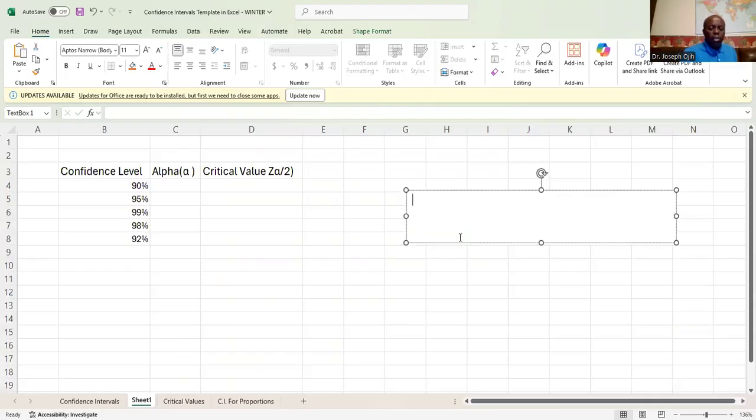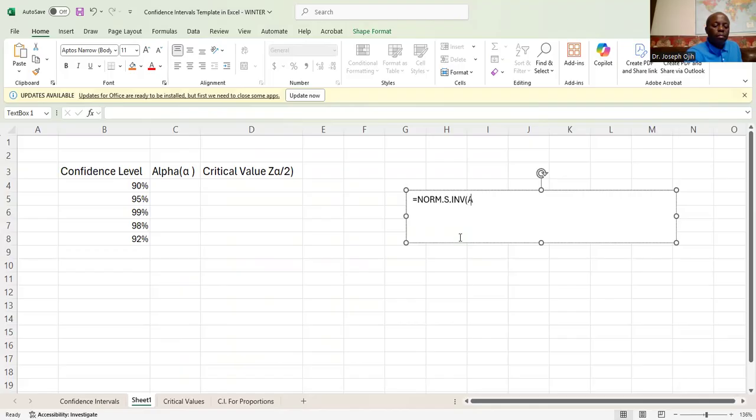It's going to be equals NORM.S.INV, 1 minus alpha over 2. Just alpha over 2 would be good because we're going to do 1 minus alpha here anyway.